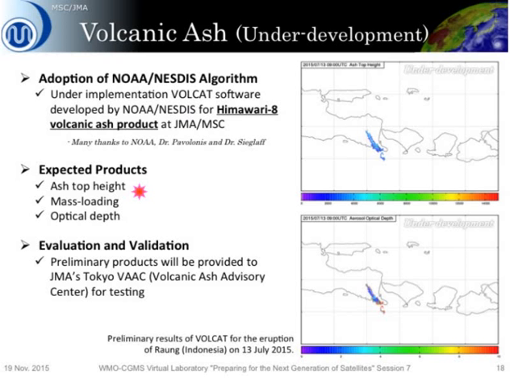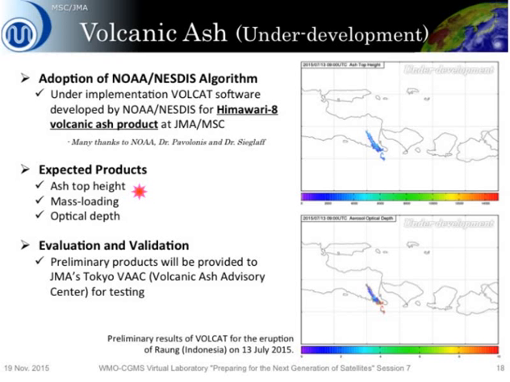These volcanic ash information are crucial for aviation safety and will be used by VAACs, volcanic ash advisory centers, in order to issue precise advisories to aircraft.